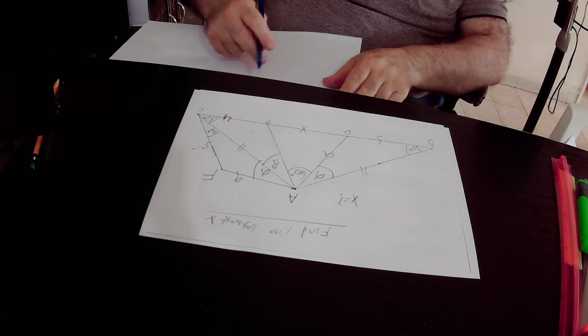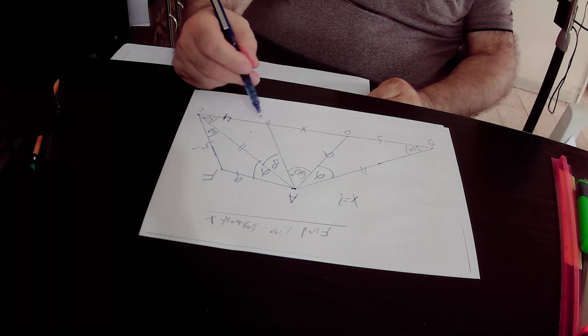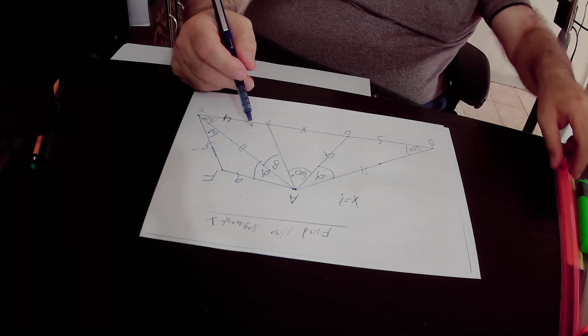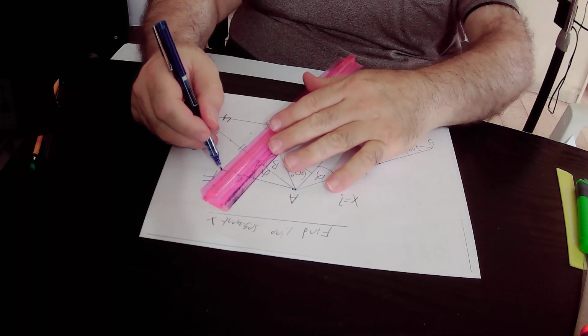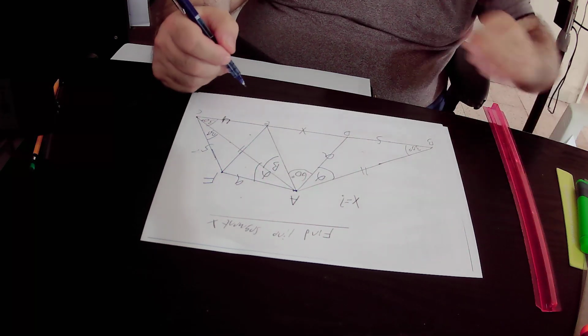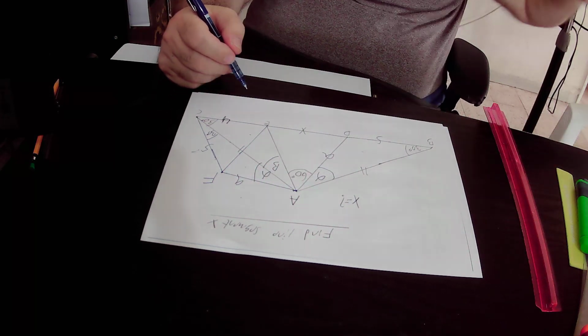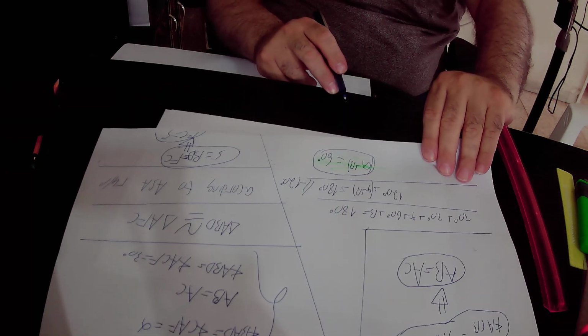In the next step, we'll join points E and F together by a straight line. We have already found out that alpha plus beta equals 60 degrees.